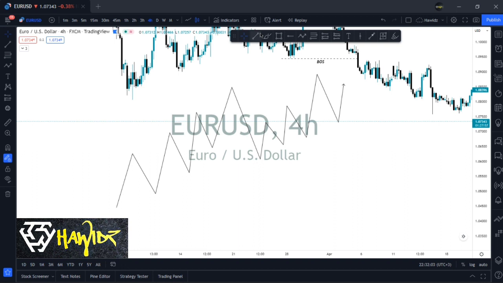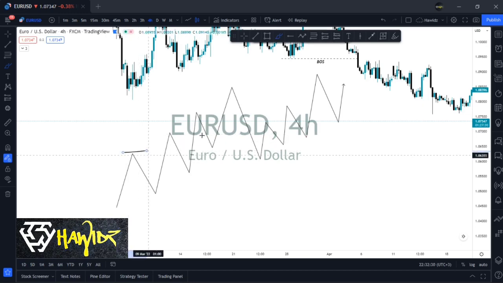Now, as I did say before, liquidity is simply the stop losses, right? So if the market is moving bullish, where will we as traders position ourselves? We will take the buys from these lows, right? We'll buy here, maybe at the retracements, right? Okay, so let's say that price breaks structure. Let me just use this.